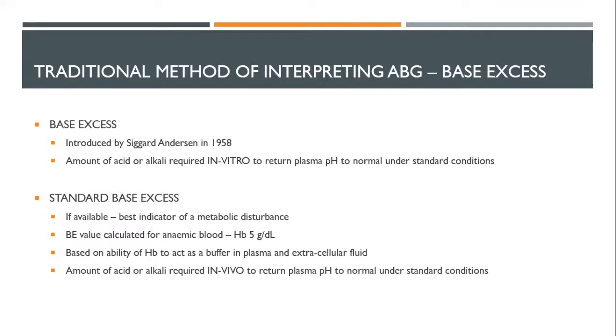Then what standard base excess does is it calculates your base excess value for anemic blood, so it standardizes it to a hemoglobin of 5. The feeling is that that takes into account the whole body milieu, where Hb acts as a buffer in your plasma and your extracellular fluid, and it's more representative of what is going on in vivo under normal circumstances.